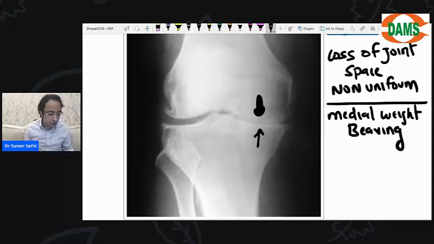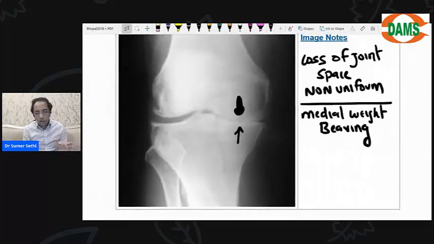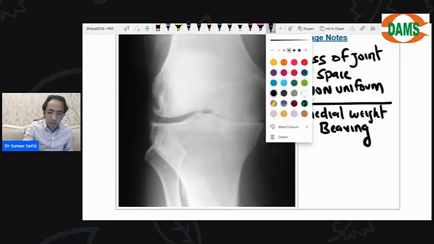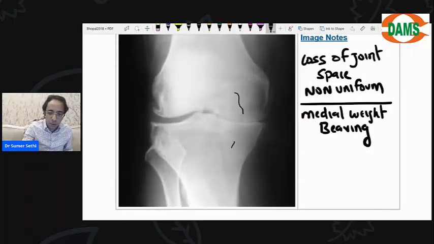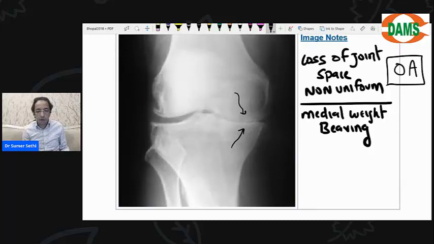Now tell me, should I think of inflammatory disorder or wear and tear disorder? Now we will think of wear and tear osteoarthritis because it is non-uniform.